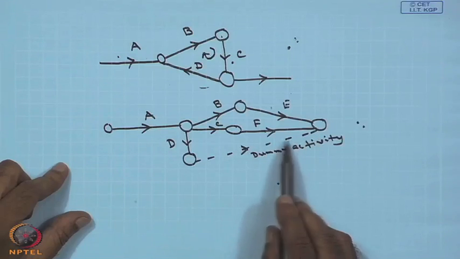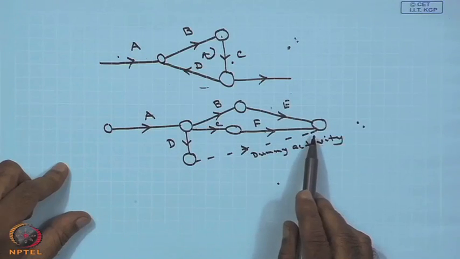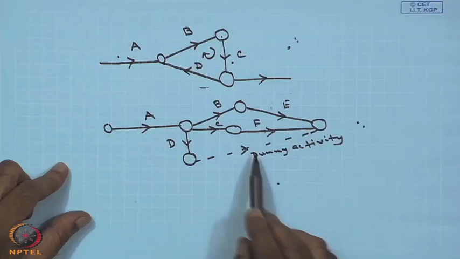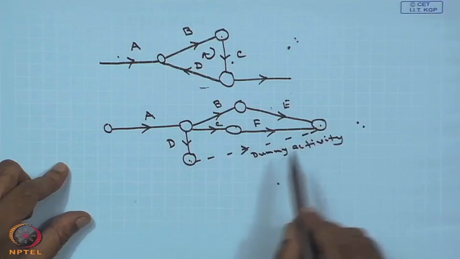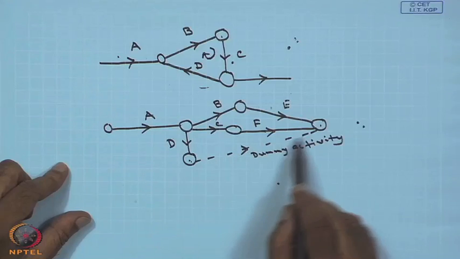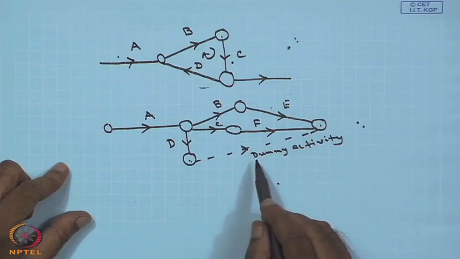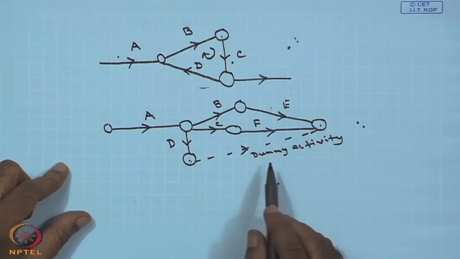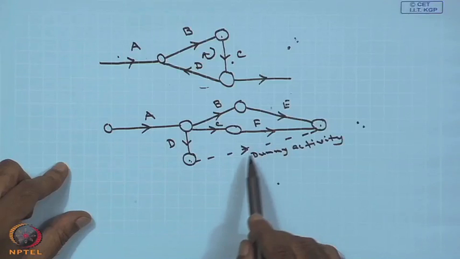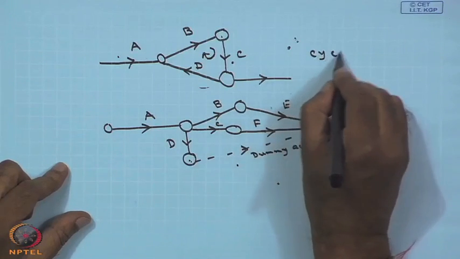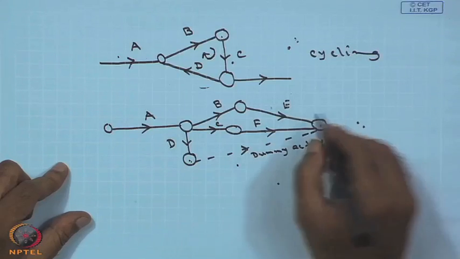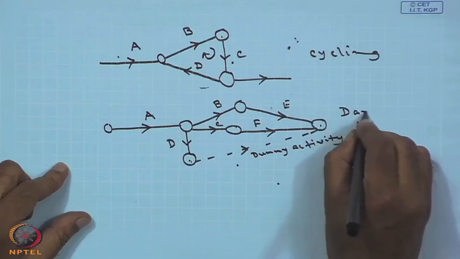Effectively there is no activity between these two nodes, but to complete the network we add this. So, the time taken or the cost involved for the dummy activity will be 0. So, this is cycling, and this is dangling.